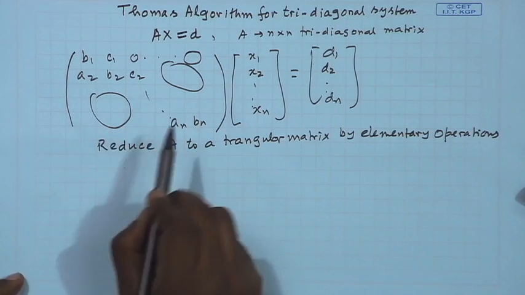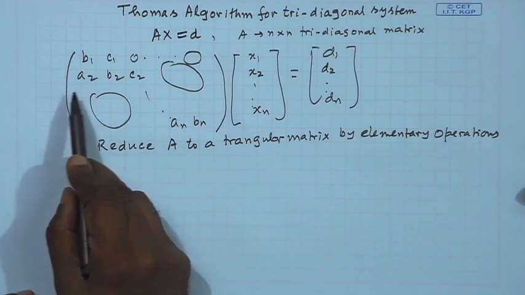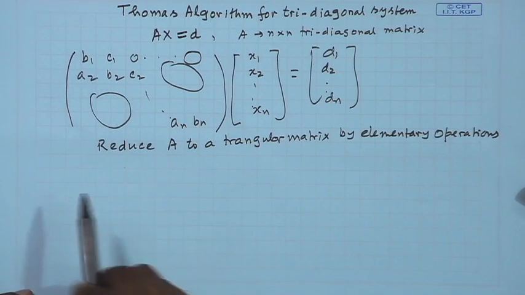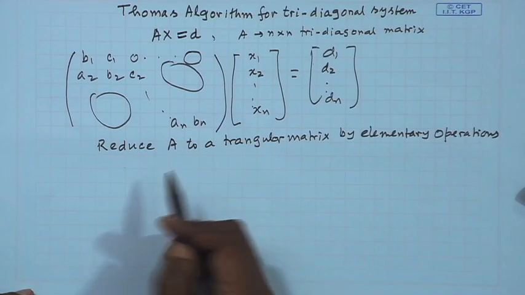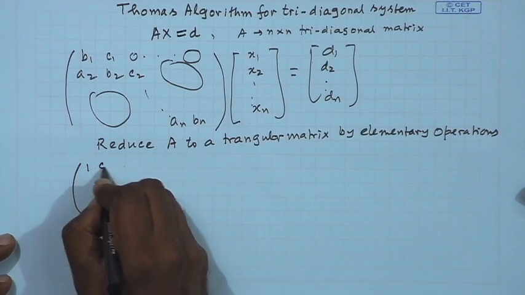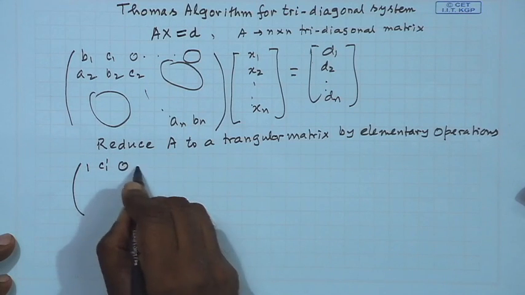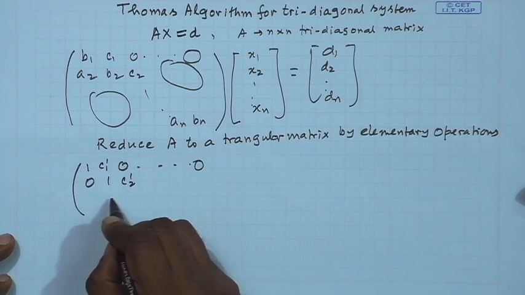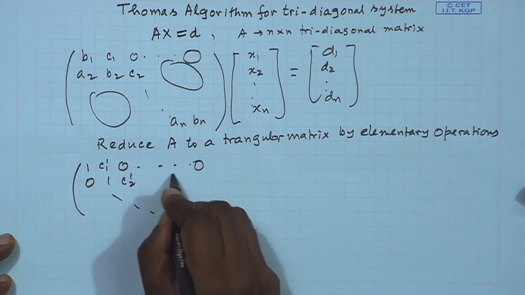That means before the diagonal elements, all the Ai positions we bring to 0, and diagonal positions we bring to 1. So the reduced form is 1, C1 dash, 0, 0, then 1, C2 dash, and the last one is 1.